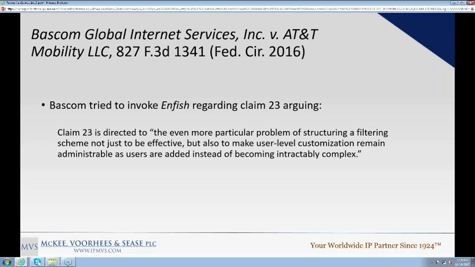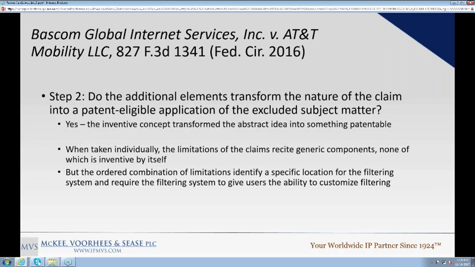So they're saying, look, there's this whole filtering scheme that's there. It allows for user-level customization. There are a lot of different levels of system structure that have to go through for that to be possible. And Nvidia was patentable for similar reasons, so we're pretty analogous to that. But it didn't persuade the court, and the court said, no, it's directed to an abstract idea.